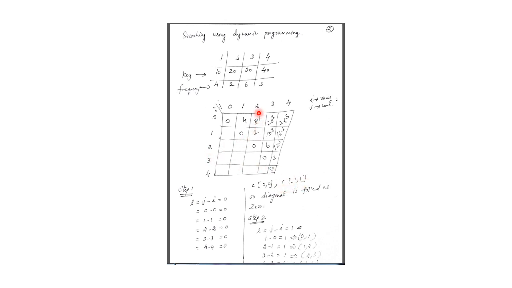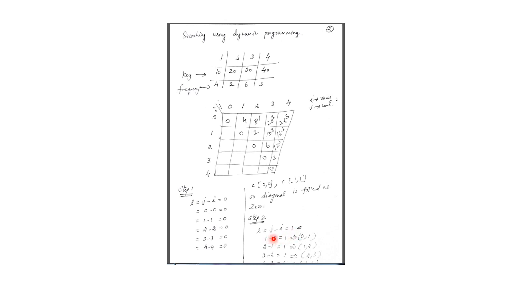Then cost of 0 comma 0, cost of 1 comma 1, then cost of 2 comma 2, cost of 3 comma 3, cost of 4 comma 4 we have to calculate. So all these values are taken as 0. So the diagonal value 0 comma 0, 1 comma 1, 2 comma 2, 3 comma 3 and 4 comma 4 is filled as 0 in the table. Then we can move on to step 2.